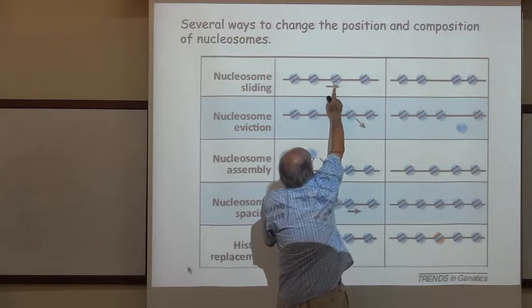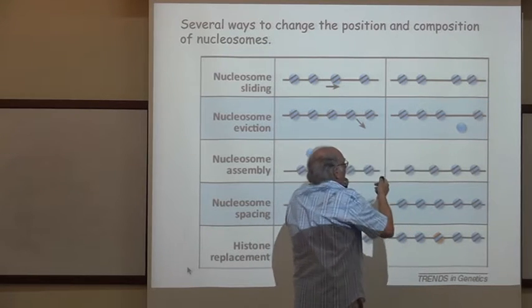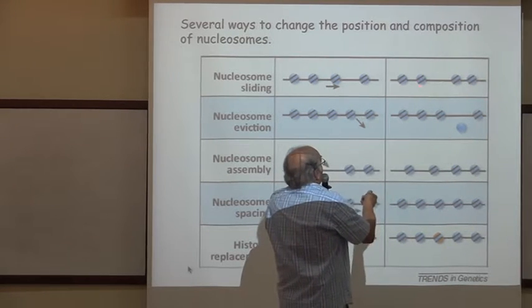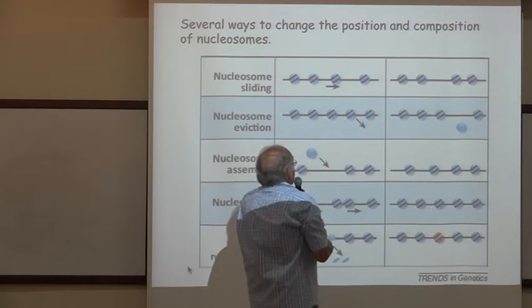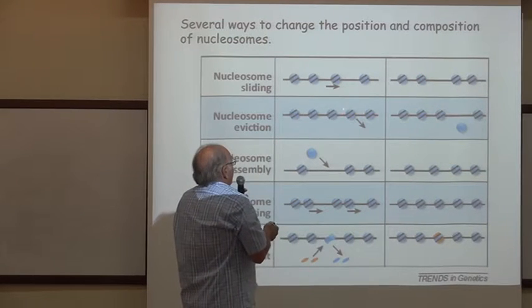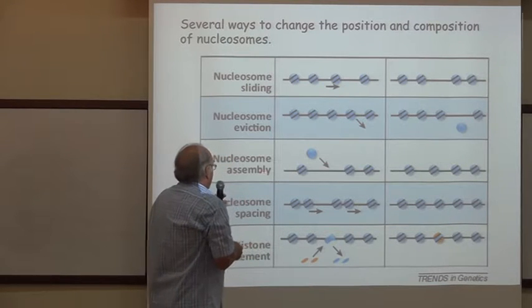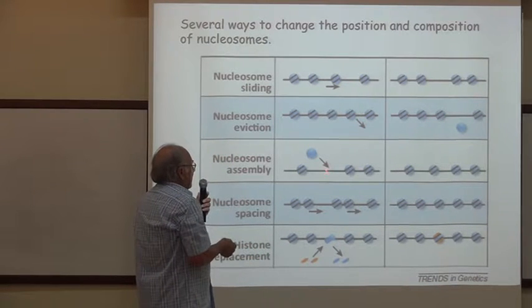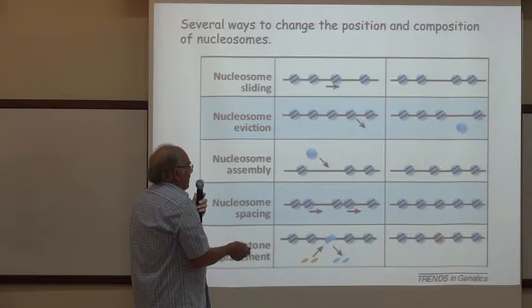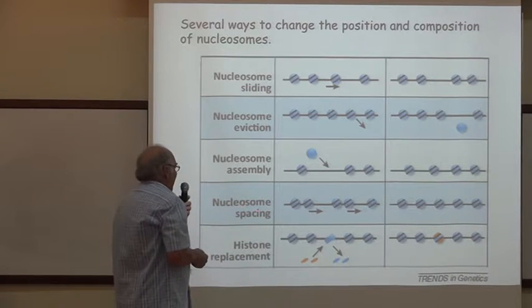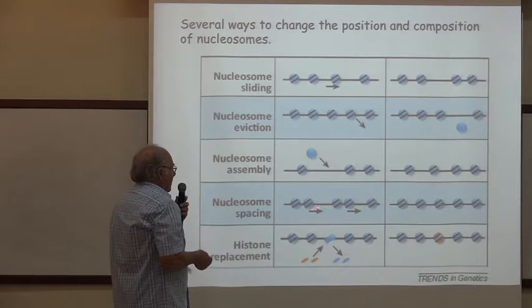So this nucleosome is moved, so it becomes a more open structure here. You can also remove nucleosomes, so you get a gap here. You can also assemble nucleosomes onto the DNA and add one to become this type of structure. And the spacing of the nucleosomes can be rearranged this way.